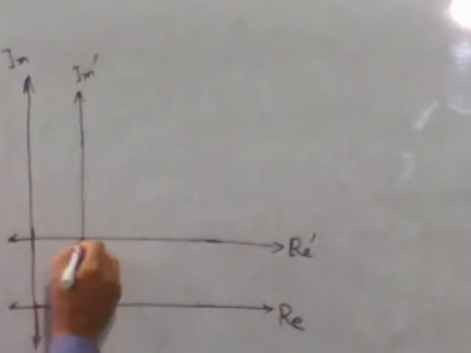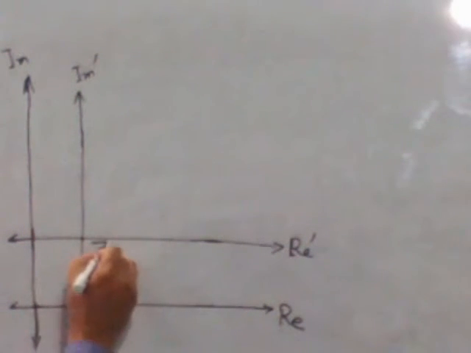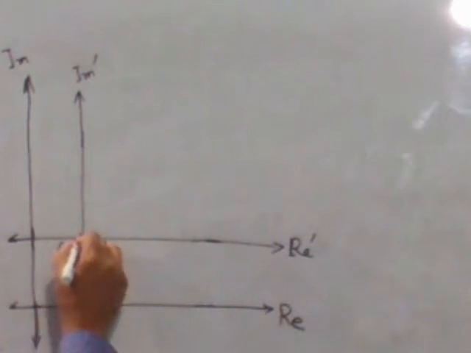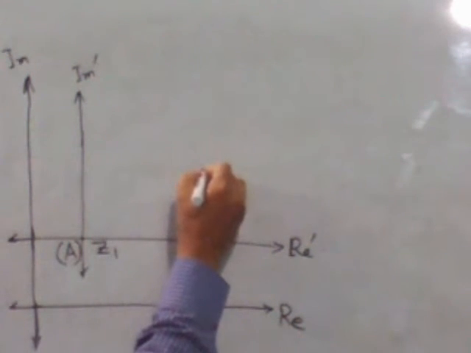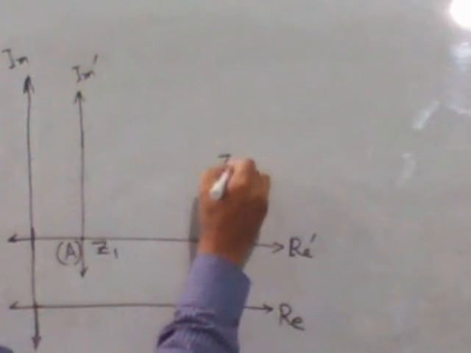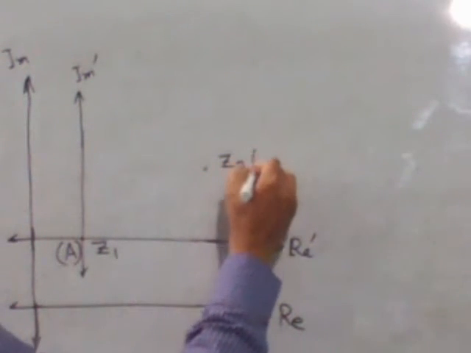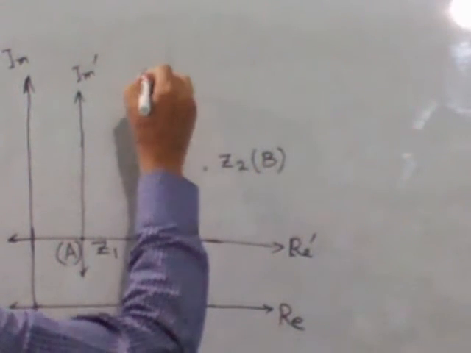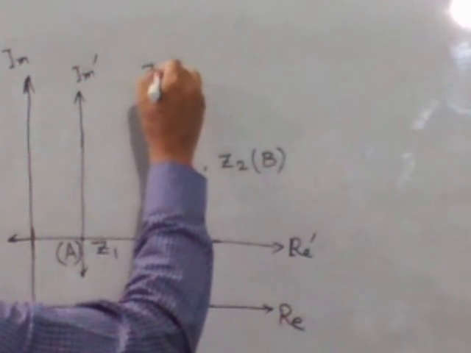Now let us consider this point is Z1. This point is A, and here suppose a point Z2. Suppose this point is B, and here this is Z3.